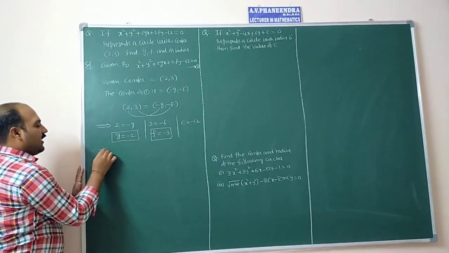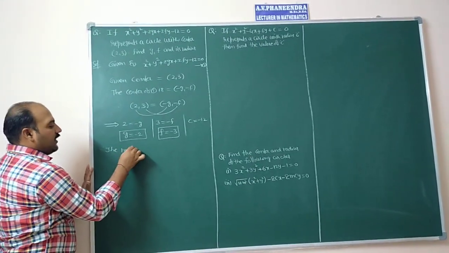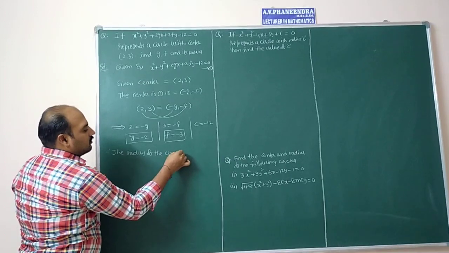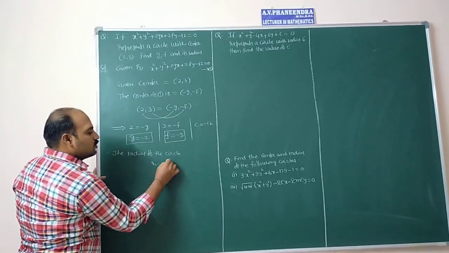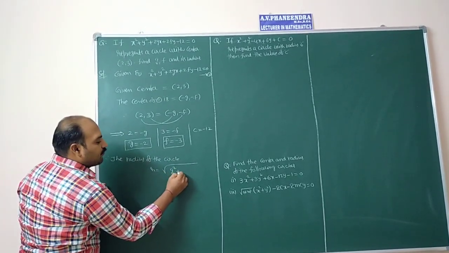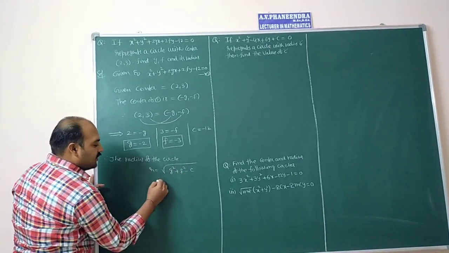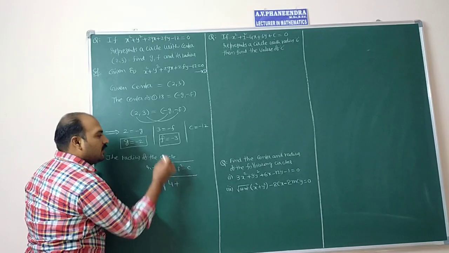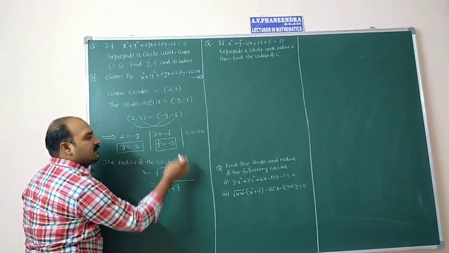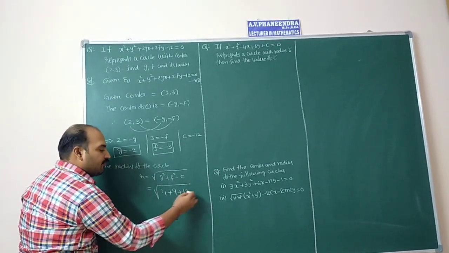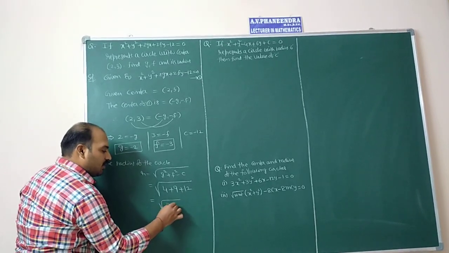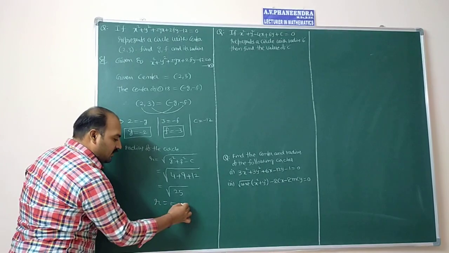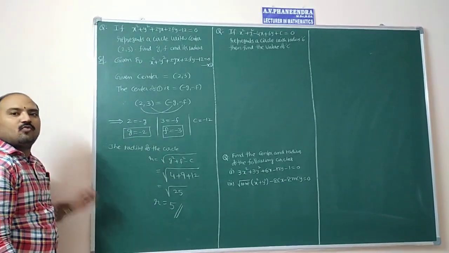Therefore, the radius of the circle r equal to square root of g square plus f square minus c. Square root of g square minus 2 whole square, f square minus 3 whole square, c value minus of minus 12, which is equal to square root of 25, which is equal to 5. Therefore, the radius of the circle r equal to 5.